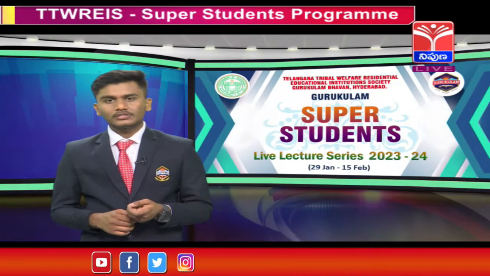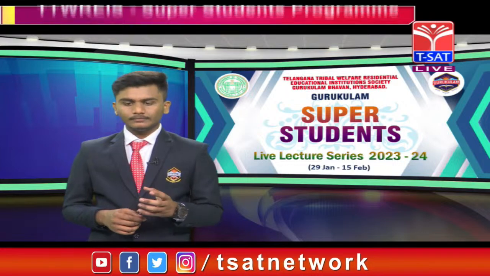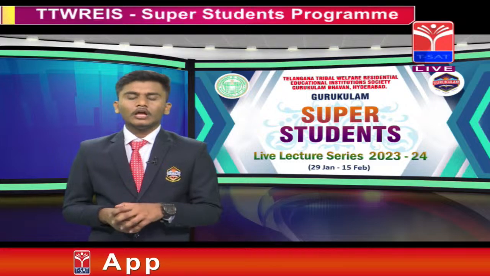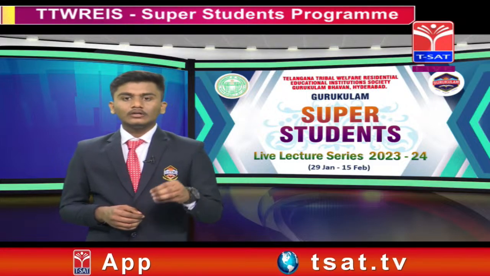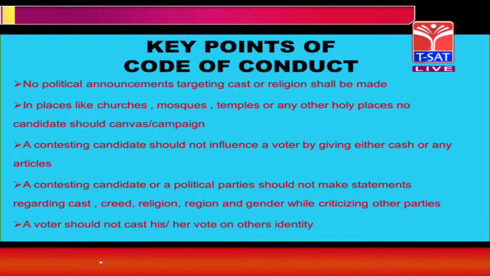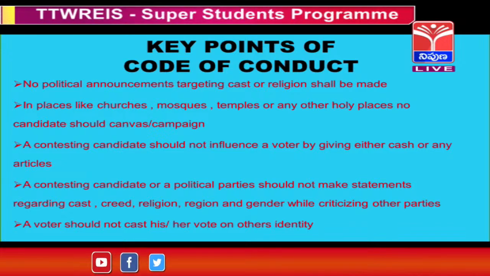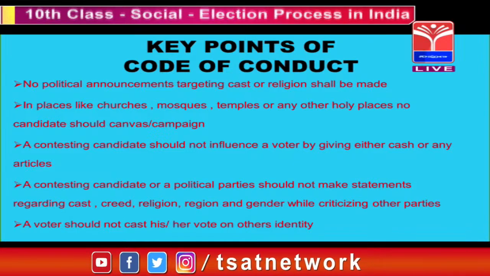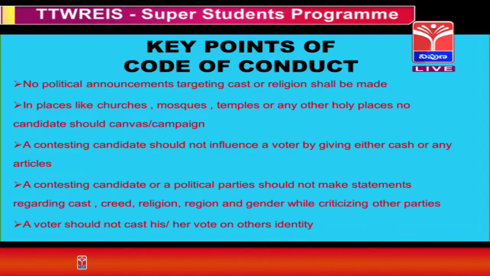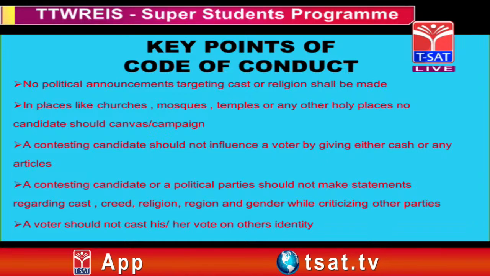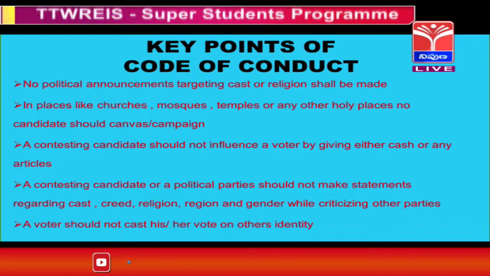And the Election Commission plays another role in executing the code of conduct. Code of conduct means certain rules and guidelines prescribed by the Election Commission. Let us discuss some key points of the code of conduct. No political announcements targeting caste or religion shall be made. In places like churches, mosques, temples and other holy places and educational institutions, no candidate should canvass or campaign.